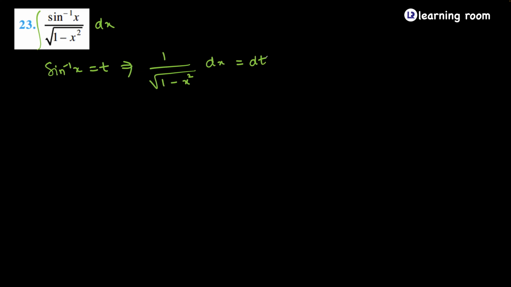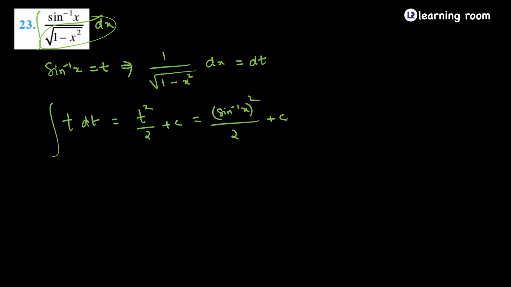Makes sense? So dx divided by root of 1 minus x square is dt. So it will be t times dt. So what will the answer be? It will be t square by 2 plus c. But what is t square? Sine inverse x the whole square divided by 2 plus c.